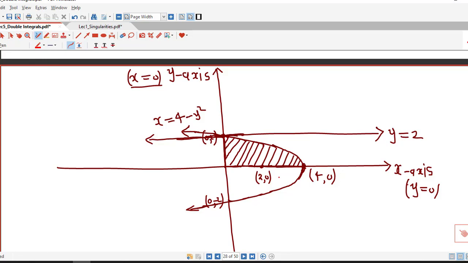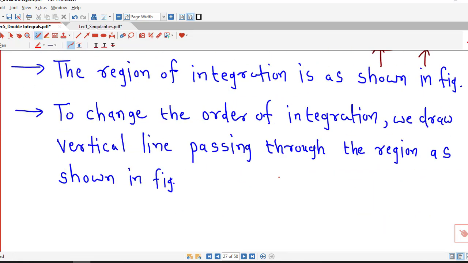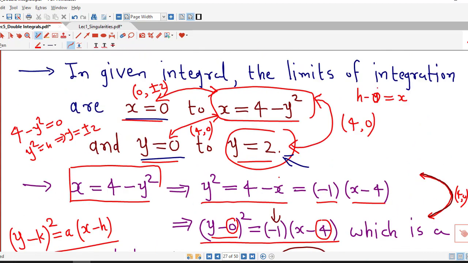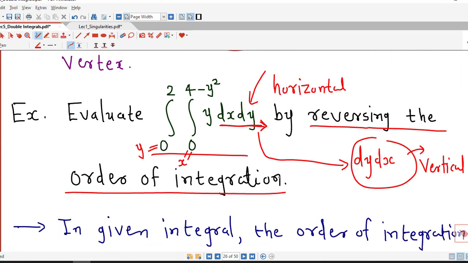So now we can decide the order of integration. In the given integral it is first with respect to x and then with respect to y. So for this type of order we consider horizontal line, and here we are asked to reverse the order of integration. So we require this order first with respect to y and then with respect to x.